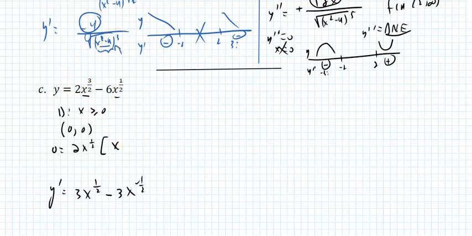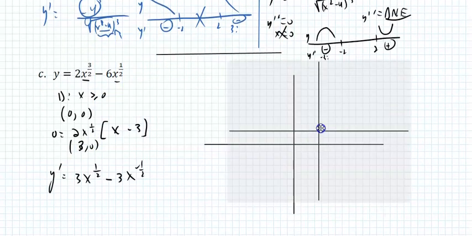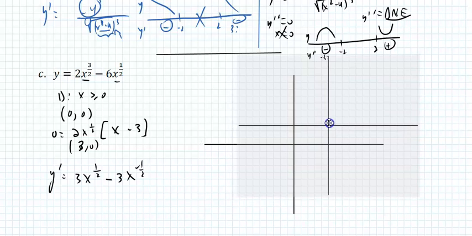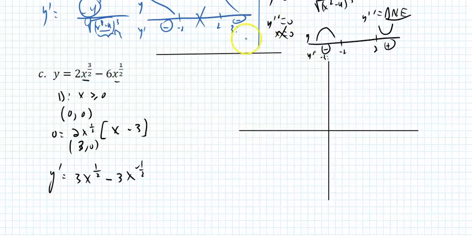I'll get x to the 2 over 2, which is 1 minus 3. So I'll get 0, 0 again, it's already listed up there, 3, 0. So the graph passes through those points. I have intercepts already at 0, 0 and at 3, 0.